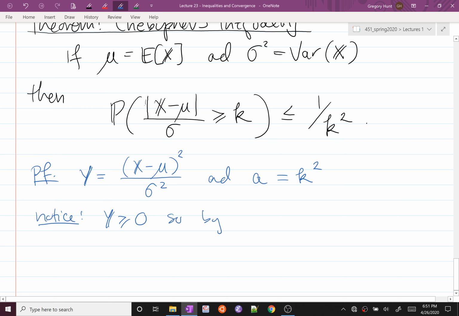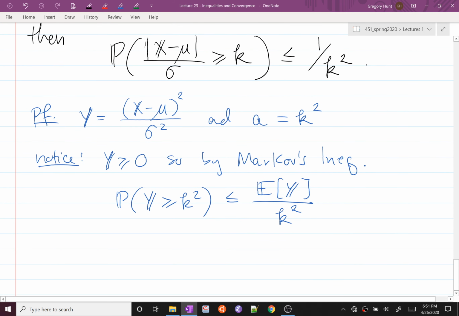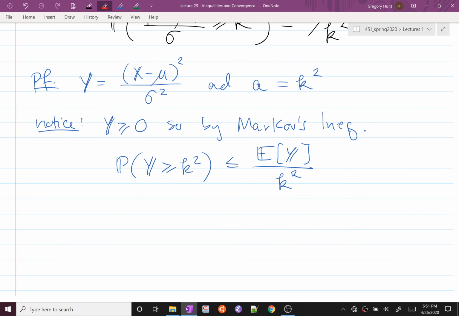So by Markov's inequality, if I look at the probability that y is bigger than or equal to k squared, this should be less than or equal to the expected value of y over k squared. And then I just have to convince you of a couple things.